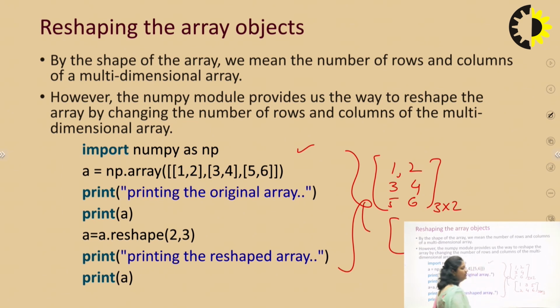So what will be the output of this program? If we input an array like this, then after reshaping, the output will be like this. So in Python, in the numeric Python NumPy library, we have a direct method reshape to convert the rows and columns of the matrix. Okay.